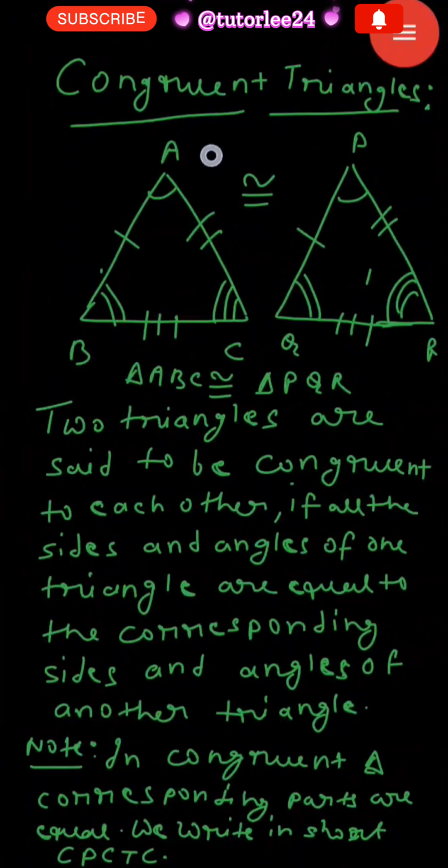Now we will discuss the conditions related to this. Now we will discuss the conditions for congruency of triangles. So there are mainly 5 conditions according to which we decide whether the given two triangles are congruent or not, and in this chapter all the questions are based on these 5 conditions.